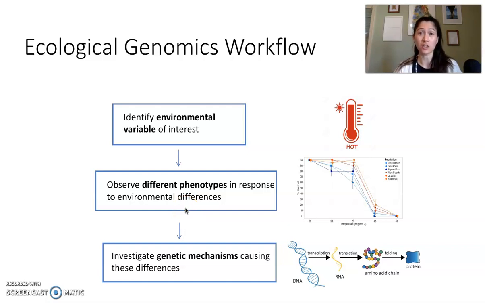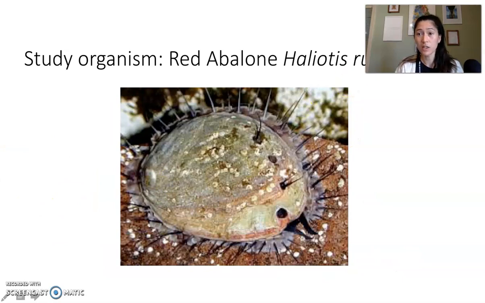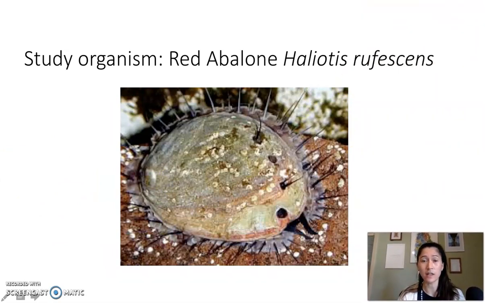And so that's actually the data set that we're going to be working with today, and the type of analysis we're doing is at this phenotype level. And specifically, the data set that we're working with today is from the red abalone Haliotis rufescens. That's the study organism shown here that we're going to be focusing on for this particular lab.